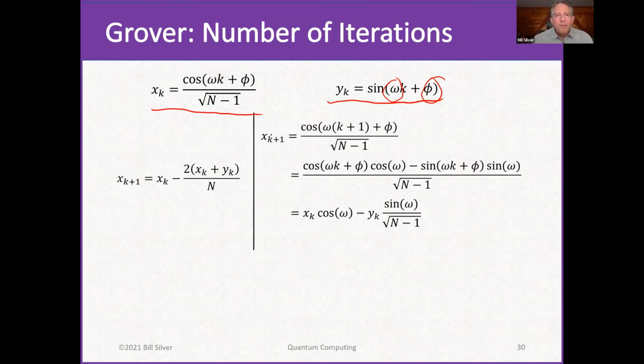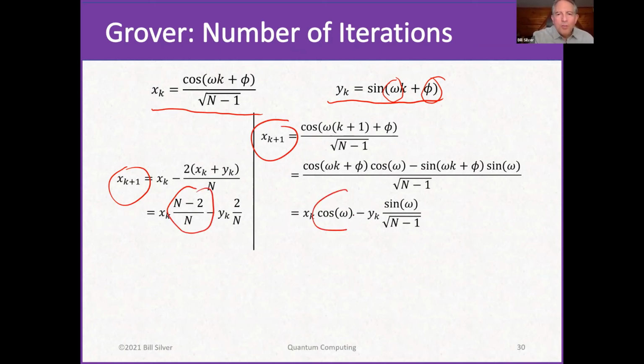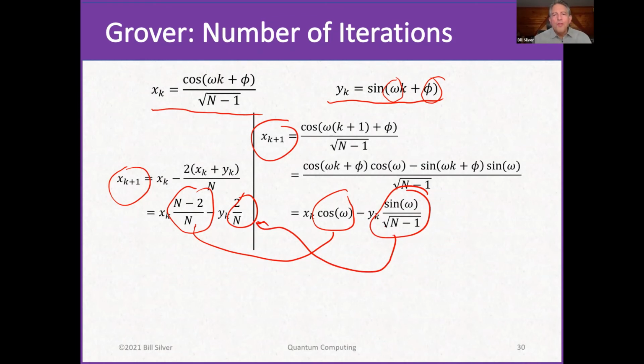And then I said, okay, remember that recurrence relationship we looked at a couple of minutes ago? I'll rearrange that like this. And now I have something where, in order for these things to be equal, because they are both expressions for x sub k plus 1, it must be the case that this equals this, and it must be the case that this equals this. That's the only way that they are going to be equal all the time.